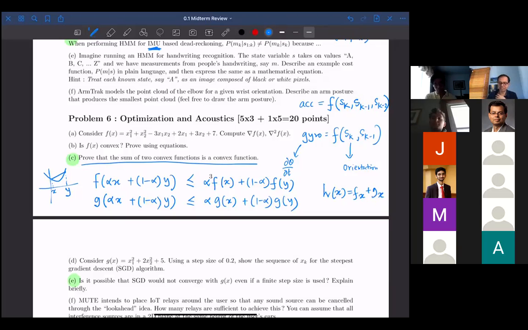Now you have to basically substitute for x and y, and show that h of alpha x plus 1 minus alpha y is less than or equal to alpha times h of x plus 1 minus alpha times h of y. And I'm pretty sure you can show that.